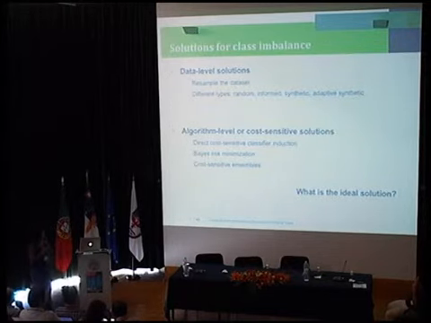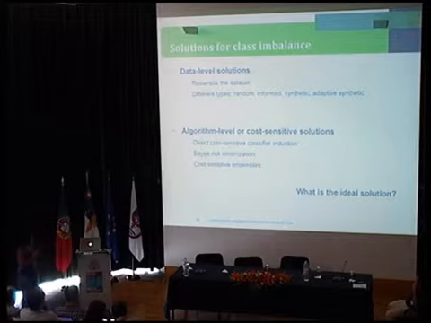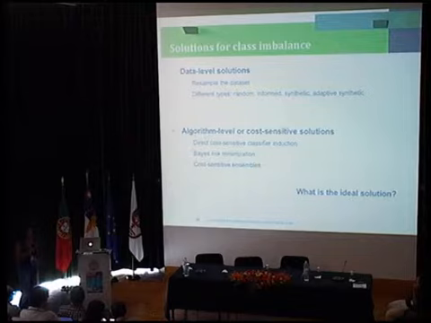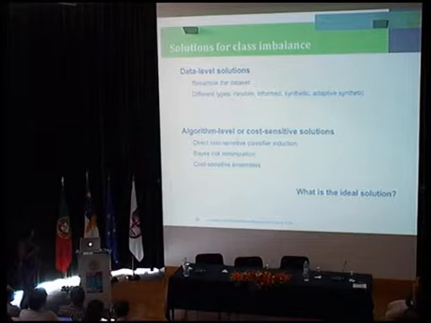Okay, about the solutions for class imbalance, we have basically two types of solutions. Okay, the data level solutions, and in the case of data level solutions, what you do is that you resample the data set, okay, and then you have different types to do resample, like random, informed, synthetic, or adaptive synthetic.